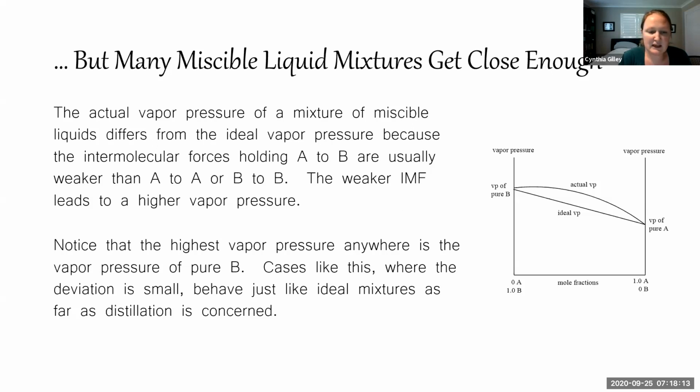And if the deviation is small, the mixture behaves as if it's an ideal mixture as far as distillation goes. So the point is that this line, the vapor pressure, never exceeds the vapor pressure of pure B. Then we'll be able to potentially isolate pure B in a fractional distillation. We're going to see a situation where it is not a gentle curve, but more of an extreme curve later on when we look at ethanol and water.